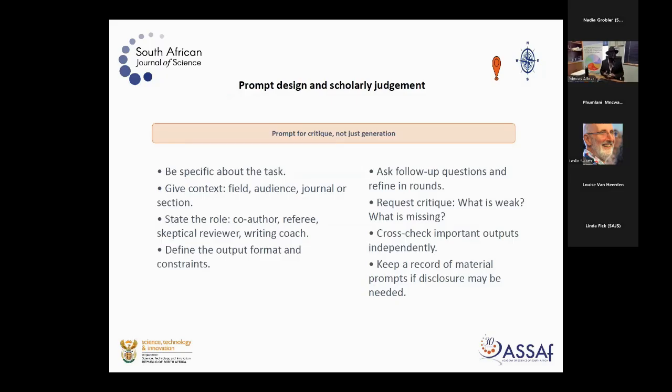Am I a co-author, a referee, a skeptical reviewer, or just a writing coach? Define how you want the output to be. Sometimes you want the structure of your output to follow, for example, a research pitching framework. And you must give a detailed prompt to the AI.